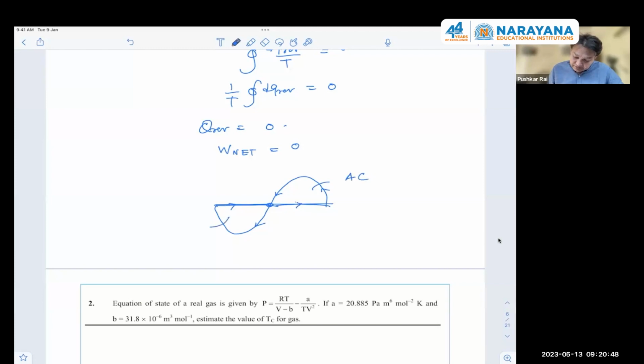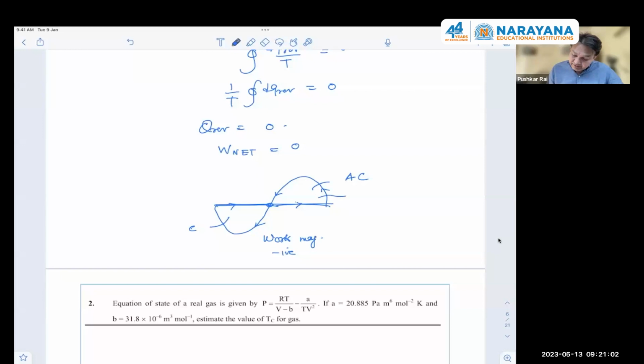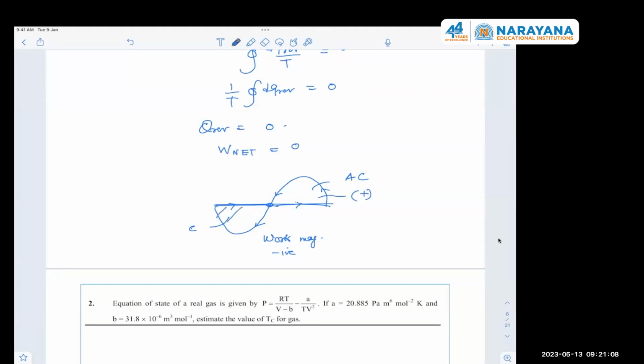This cycle is clockwise. For clockwise, work magnitude will be negative, and for anti-clockwise, work will be positive. So 0 means what? Negative should equal positive. Clear? Yes, sir.